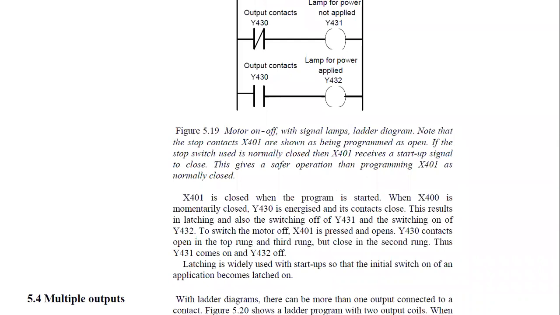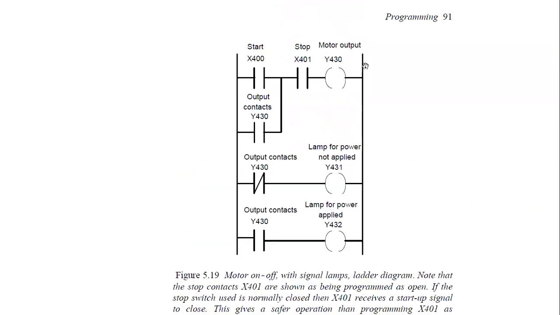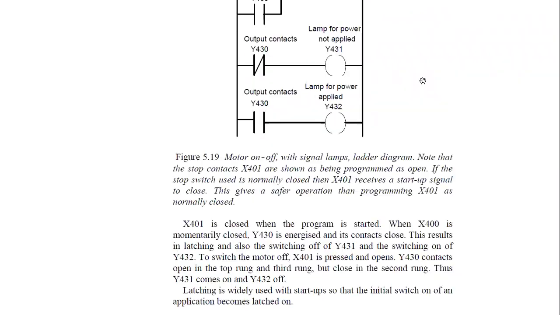So we are saying when the start button is closed, that is like it is powered on, then you'll have an output at this motor output, that is the Y430. That is what we're saying. The Y430 is energized and its contacts close. And this results in latching, as you have explained what is latching.